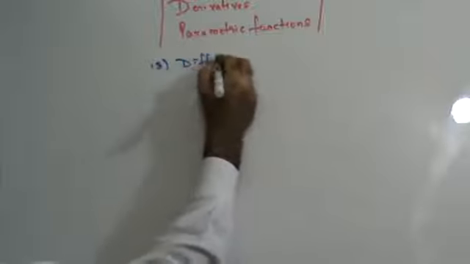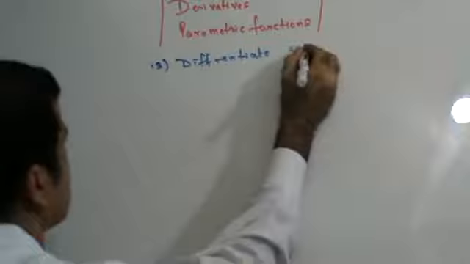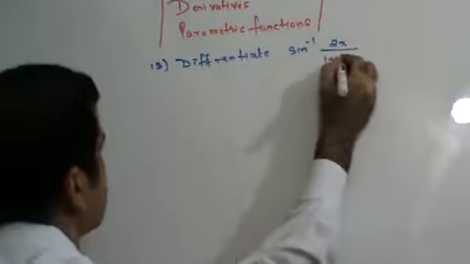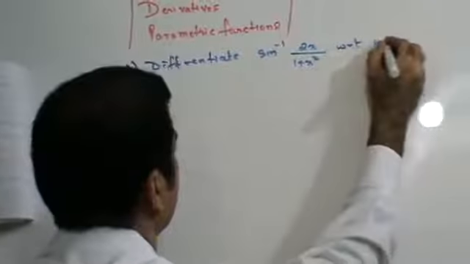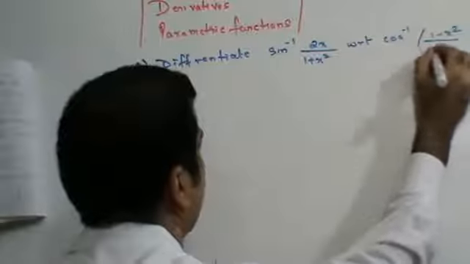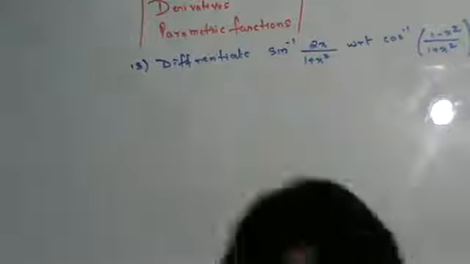Differentiate sine inverse of 2x upon 1 plus x square with respect to cos inverse of 1 minus x square upon 1 plus x square. Right?